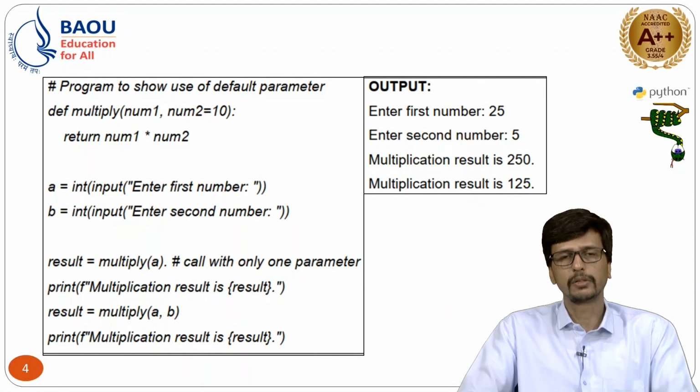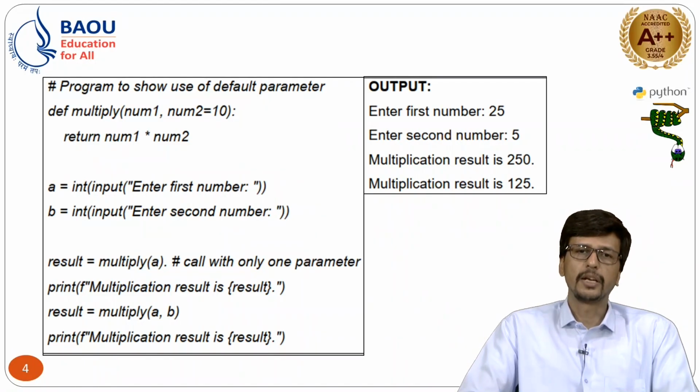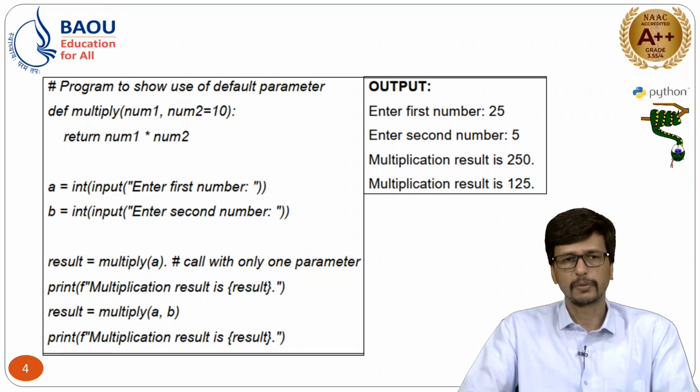So, you can see on your screen, we have defined one function for multiplication, that is multiply. In this function, two parameters we are passing, number1 and number2. Here number2 we are defining with the default value 10. Now, this function executes and it will return the multiplication of two numbers, right?